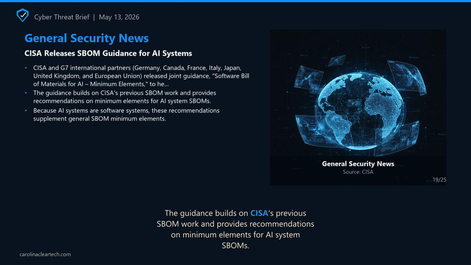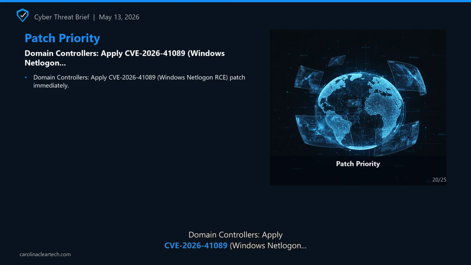The guidance builds on CISA's previous SBOM work and provides recommendations on minimum elements for AI system SBOM. Because AI systems are software systems, these recommendations supplement general SBOM minimum elements. The supplemental elements reflect G7 expert consensus and will expand over time to keep pace with AI technology advancement. Source: CISA. Next section, Patch Priority.